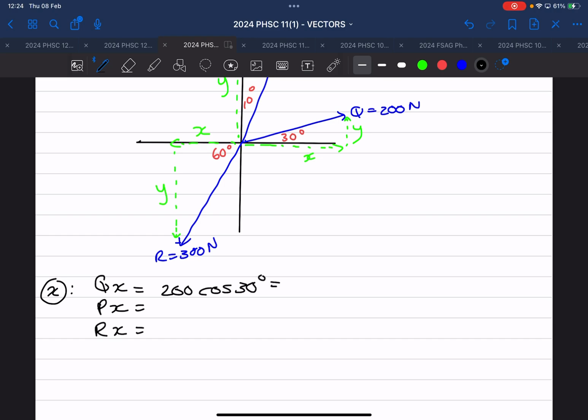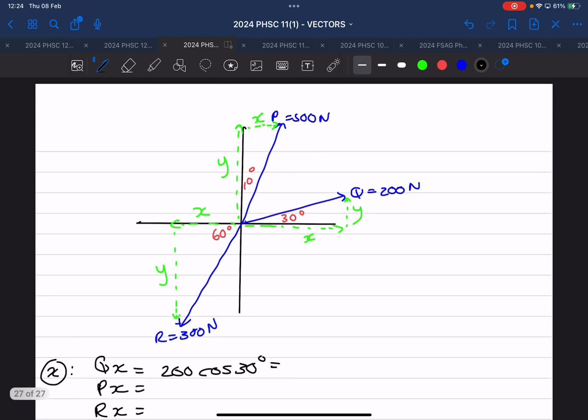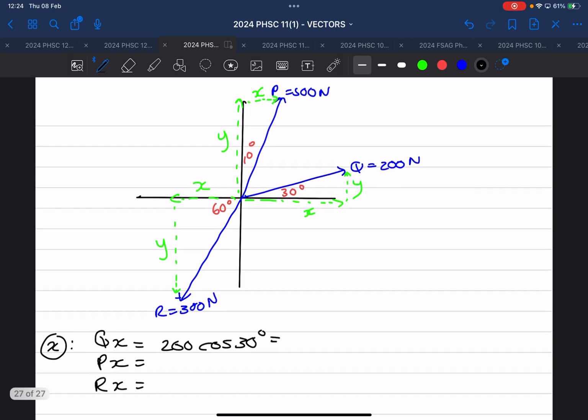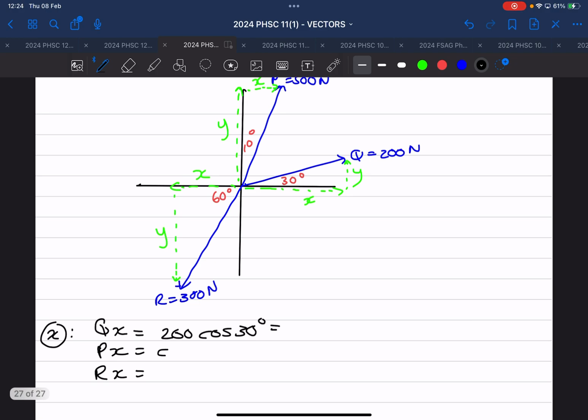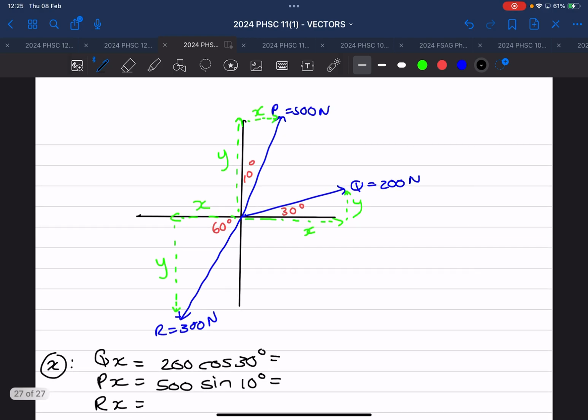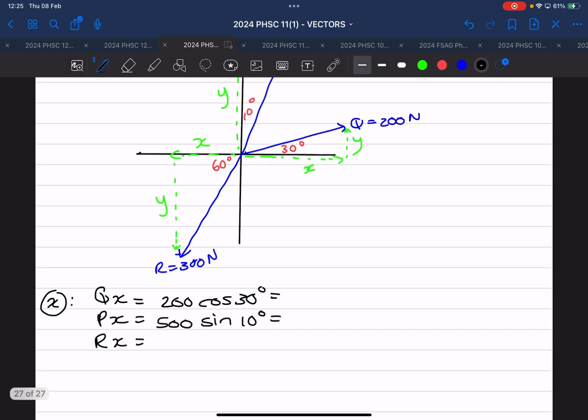To get PX, because of how I drew my triangle, it's going to be 500 sin 10 degrees. Because I want the X value, so it's opposite over hypotenuse. Alright, and for R, it's going to be 300 cos 60 degrees.